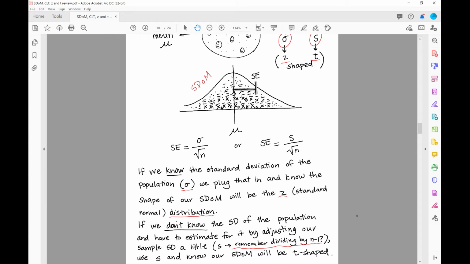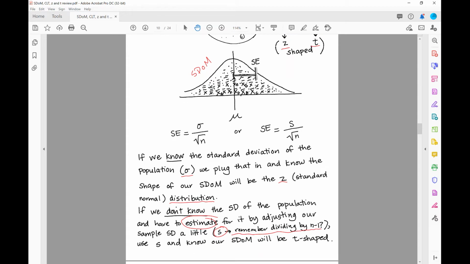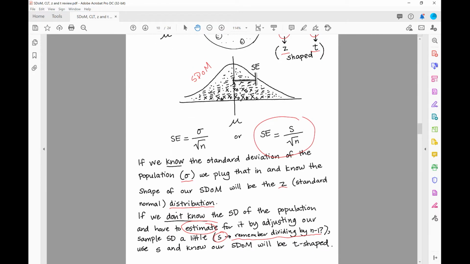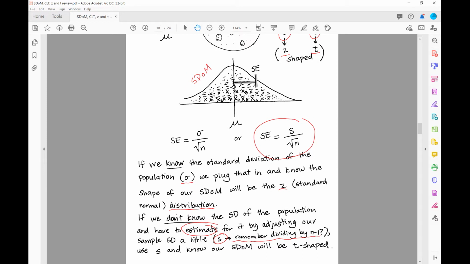If we don't know the true population standard deviation, but we're able to estimate it using S, then we use that S in our formula, and we know that our resulting SDoM shape, the curve we're going to get, is going to be T-shaped rather than Z-shaped.